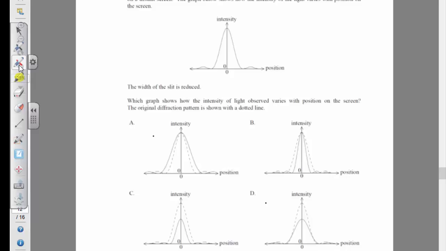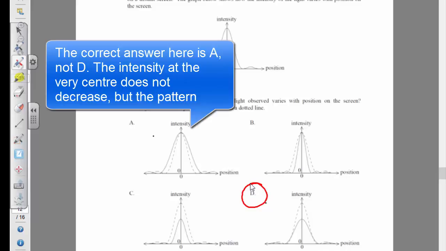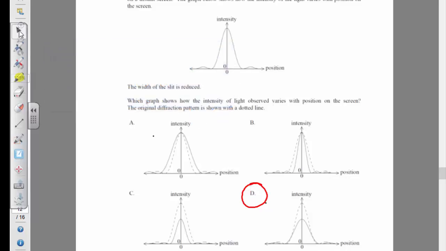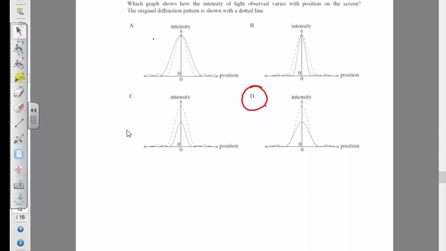I think the intensity of the central peak, I mean, we are going to have less light getting through directly ahead. So I think D is the correct answer. In any case, it's either A or D. I have a suspicion that the original marking scheme was wrong with this one, so just double check that you got credit for that one.